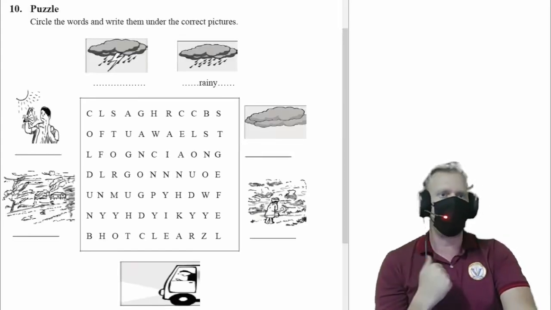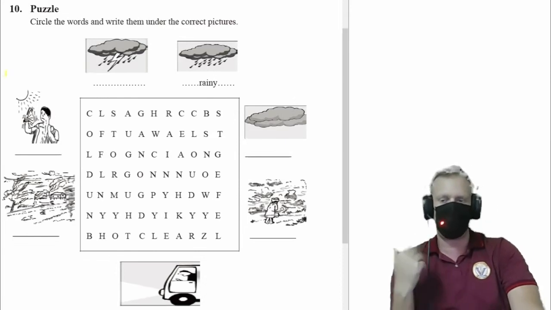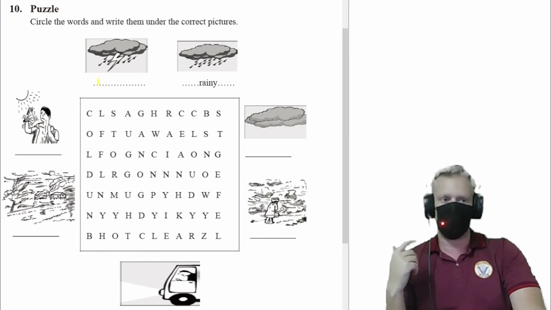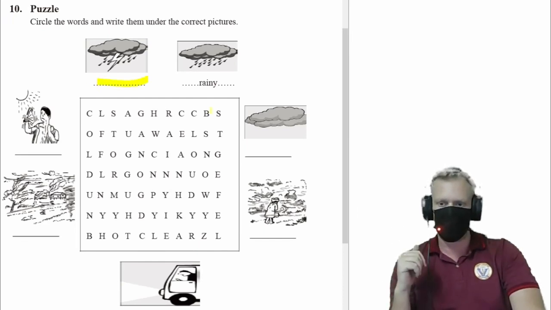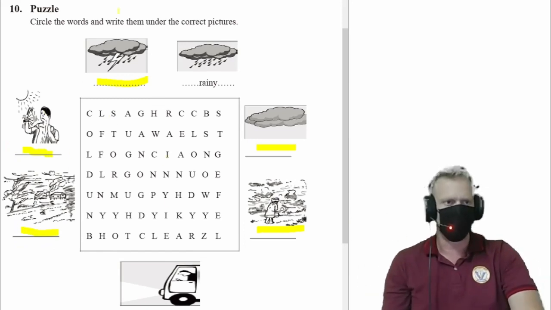Okay, our last activity is number 10. A puzzle. I want you to write the words for these pictures first, and then you look for them inside the box here by using the spelling.